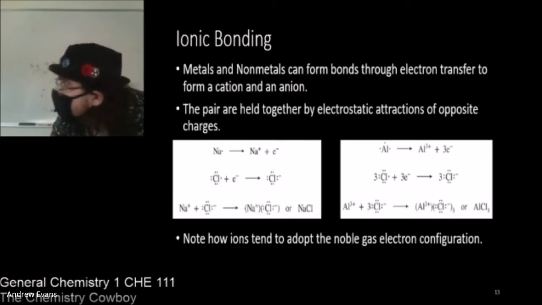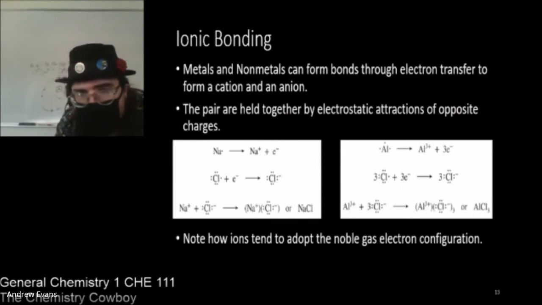Chlorine, by absorbing an electron, becomes like argon. 1s2, 2s2, 2p6, 3s2, 3p5 has now gone to 3p6. They've both adopted a noble gas electron configuration. They're most stable, and then they're held together by the ionic attraction.